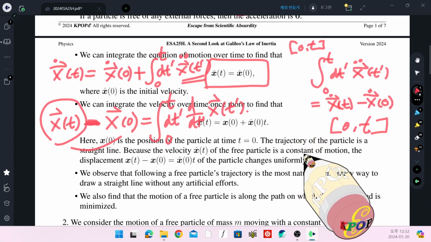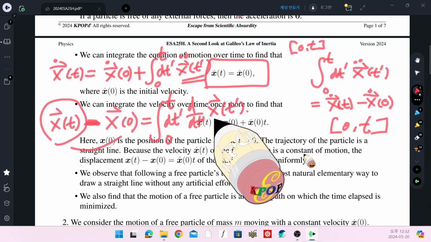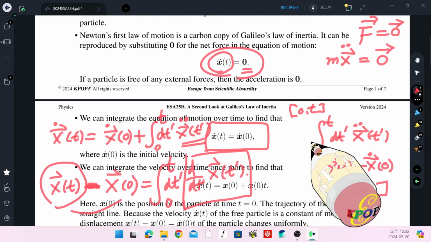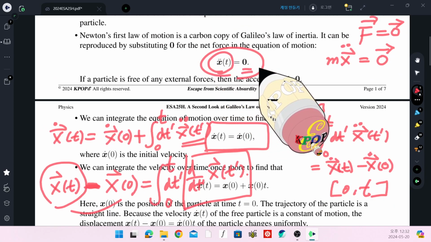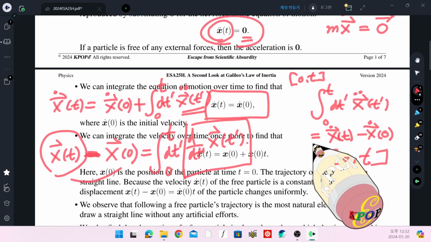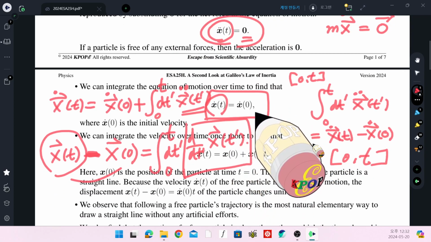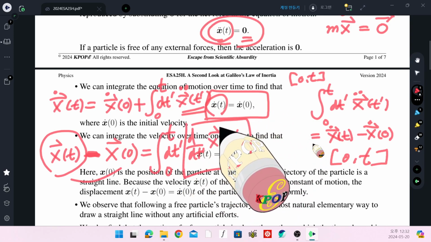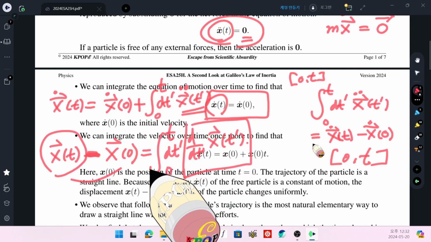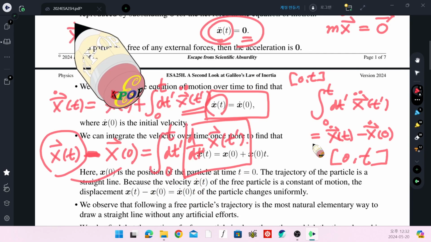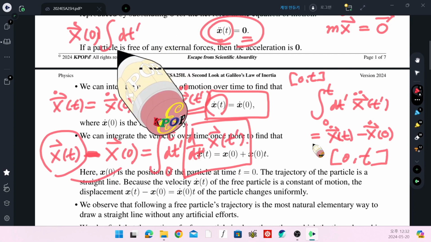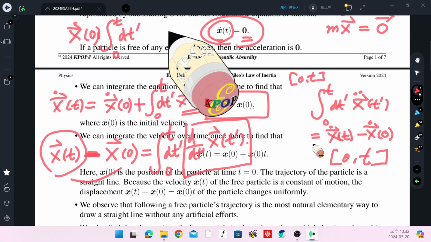All right. However, now we can find that the velocity of the particle is not 0 anymore. The acceleration of the particle is exactly 0 for a free particle. However, the velocity is uniform. It is a constant. Because it is a constant, this integrand can be factored out of the integral. Therefore, the integral is x dot at 0, a vector, multiplied by a trivial definite integral evaluated from 0 to t of dt prime.